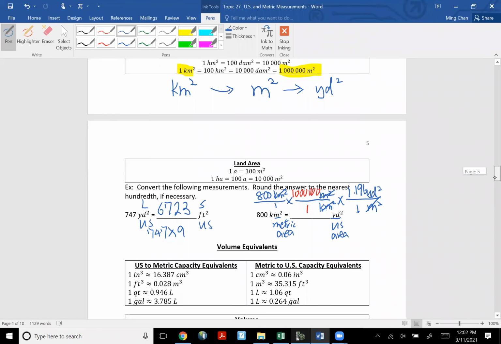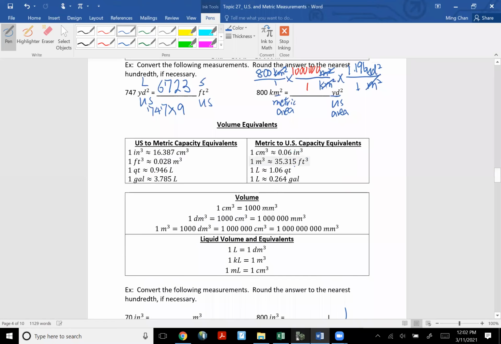All right, let's do volume. Volume are cubed. Every time you see cube, these are volume. So you see the top four are conversions between volume to volume. The bottom four are conversions between capacities. These are US to metric, metric to US.